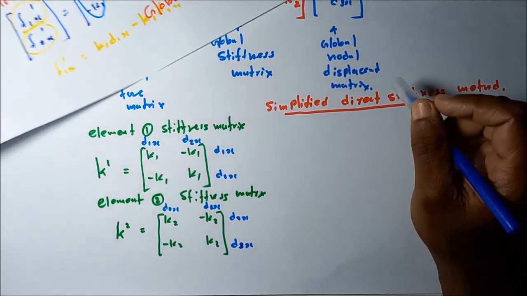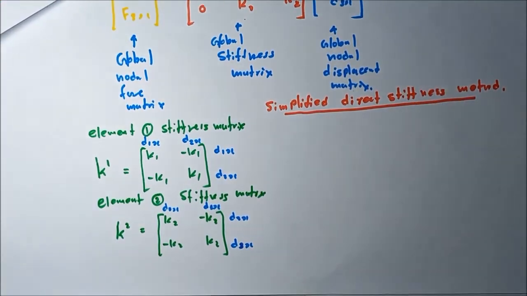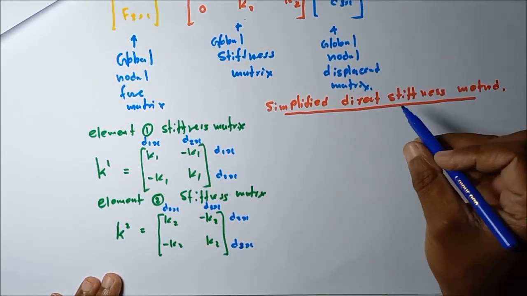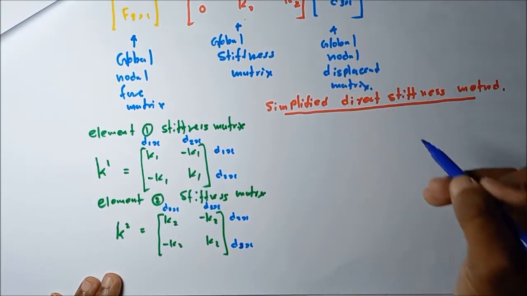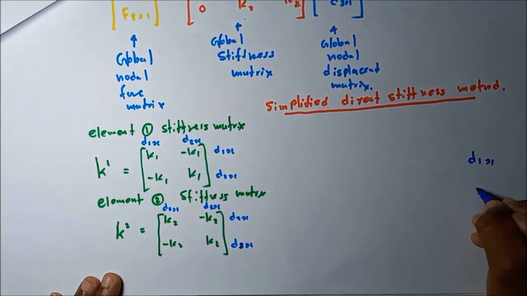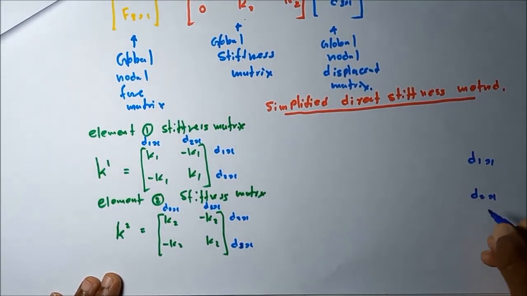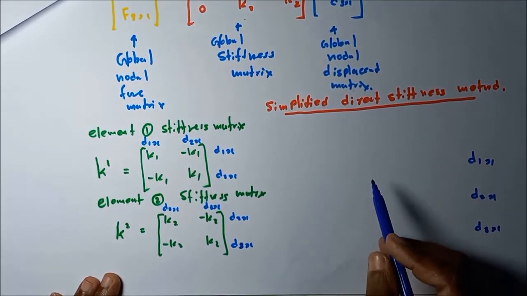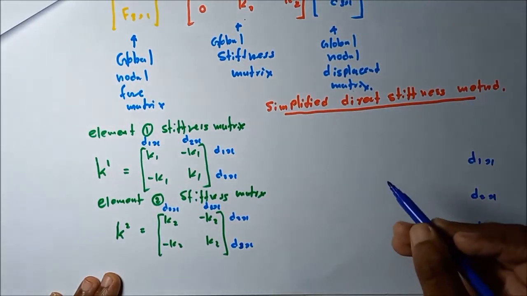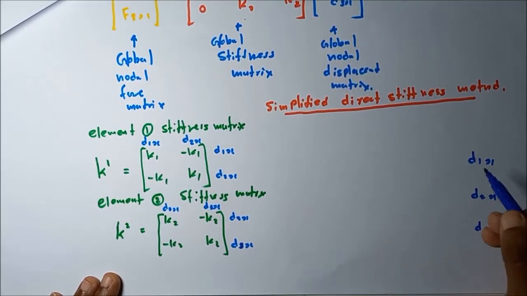Then here we have the three nodal displacements. That means for the nodal displacement matrix, d1x, d2x and d3x. So our global stiffness matrix should be a 3 by 3 matrix.